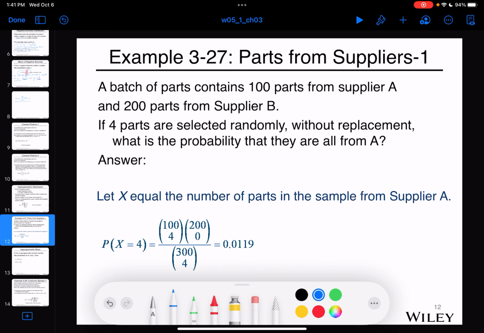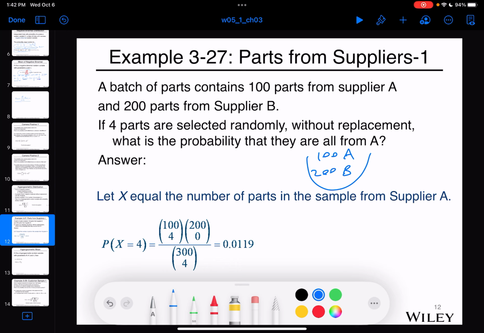A batch of parts contains 100 parts from supplier A and 200 from supplier B. 4 parts are selected randomly without replacement. What's the probability that all 4 of them are from supplier A? First, let's not use the equation at all.